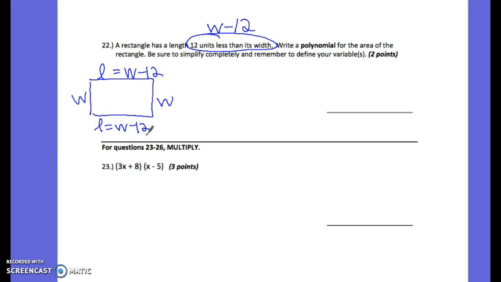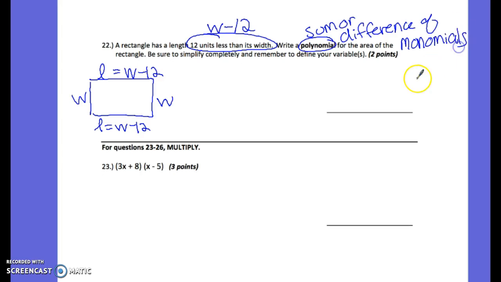It says write a polynomial. A polynomial is the sum or difference of monomials. So we know that that's our final thing. For the area of the rectangle, I know that area equals length times width.